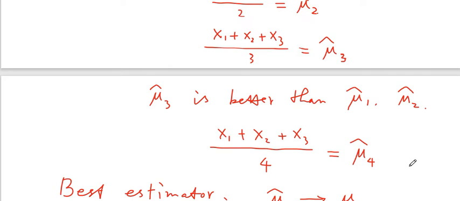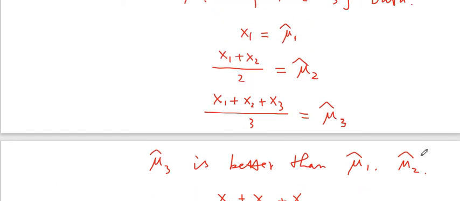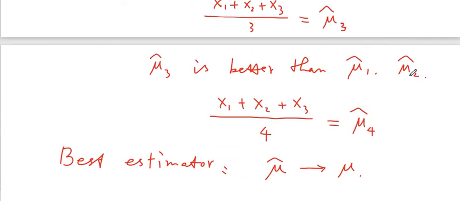But we can find that mu1 hat, mu2 hat, and mu3 hat, these three estimators, are all unbiased. So for these three, which one is best?